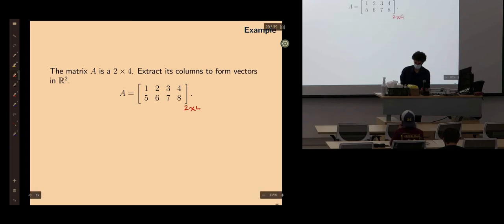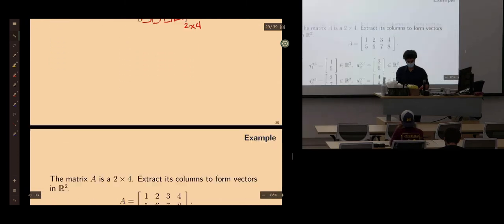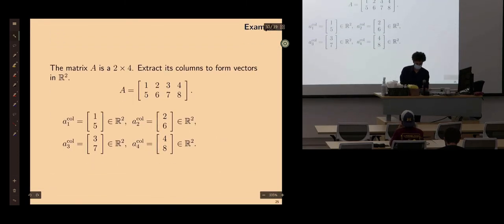Two by 4. Extract columns. So we have 4 vectors, right? And they are part of R2. So the space we are talking about is a 2D vector space.